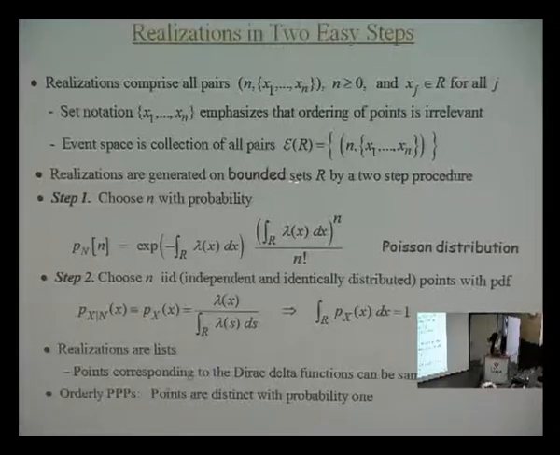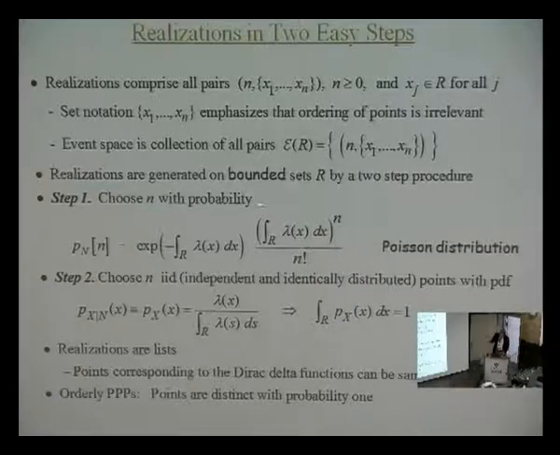So I'm going to generate a realization from this point process on any bounded region R. I want to do this for any region R implicitly. So you specify the region, and this is the way you proceed to generate a realization. Any region, it only changes the region. It does not change this two-step procedure.